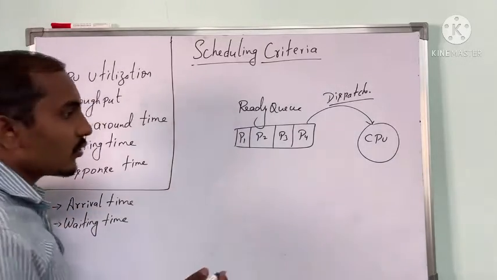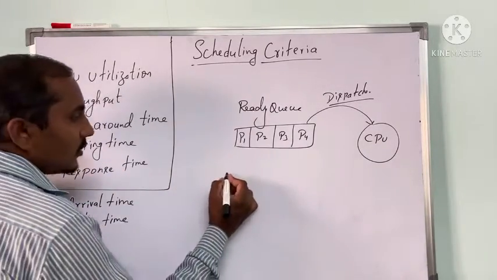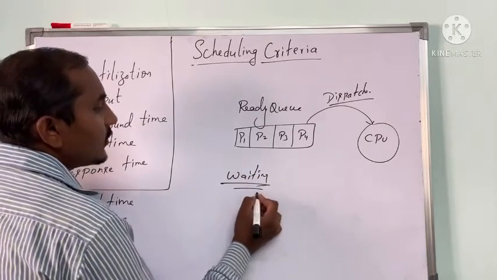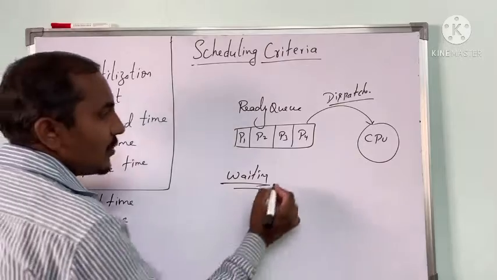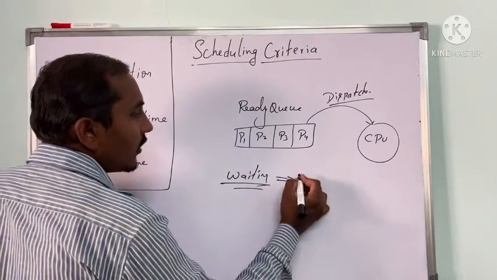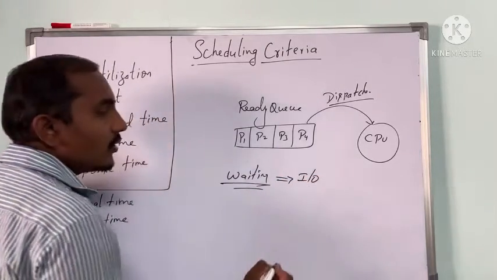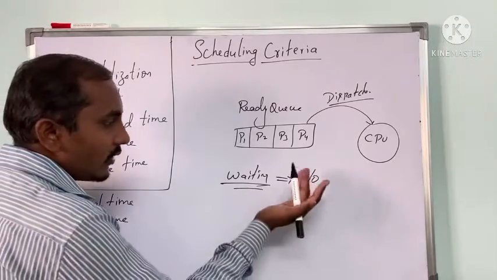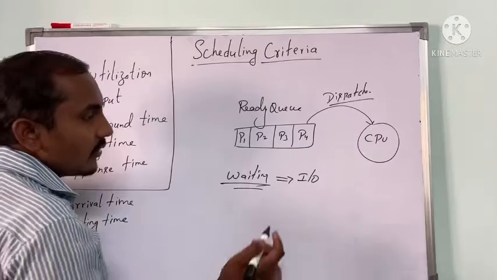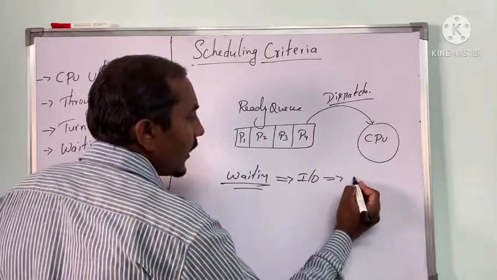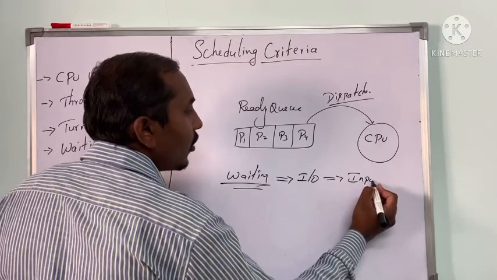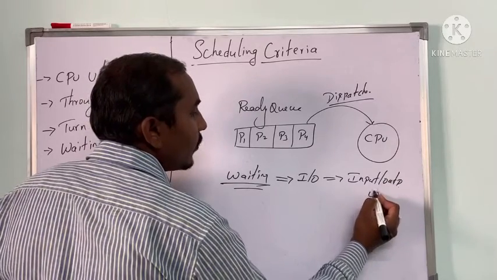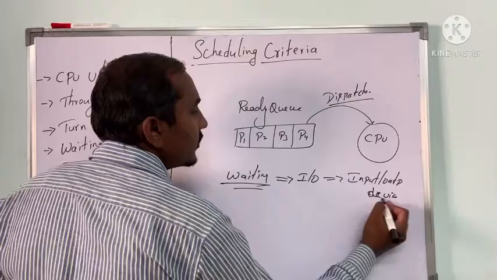Under this we will come across concepts like waiting. Waiting is when the processor needs any input or output, it needs to read input or perform some output function, then it will go to the waiting state, where it will be waiting for input or output devices.